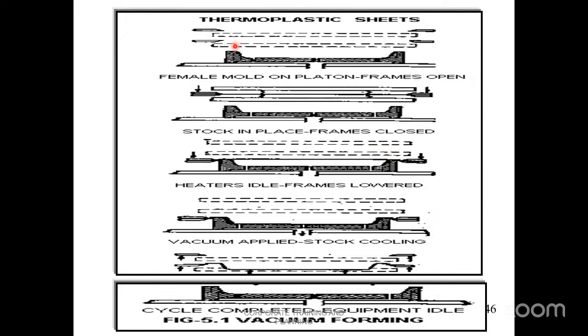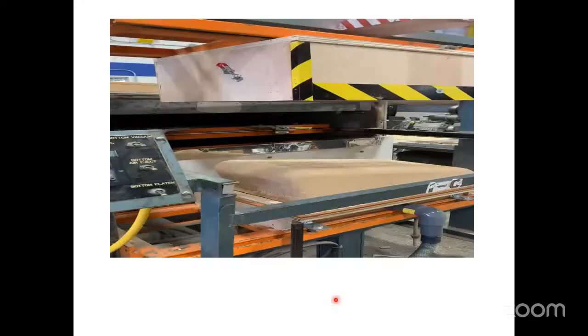This is the mold here, female type mold. The sheet is here. The sheet gets heated here, friend. And after heating is over, the sheet is placed on the female mold. The vacuum is created here so that the sheet will take the form of this mold here. Okay, it's a very simple process.